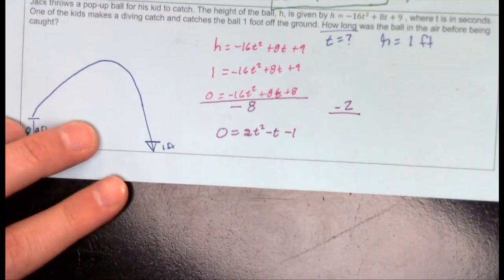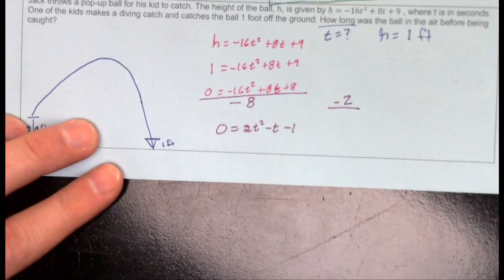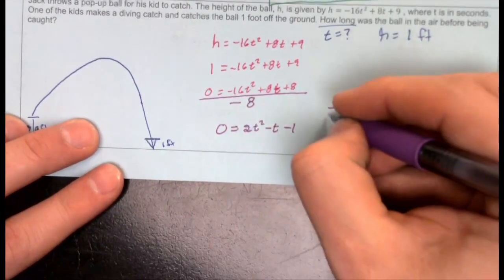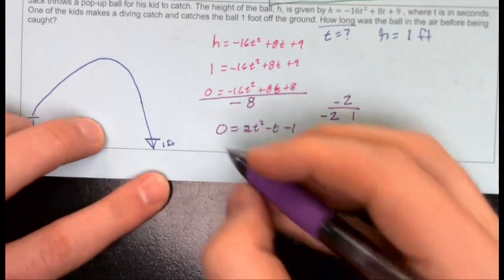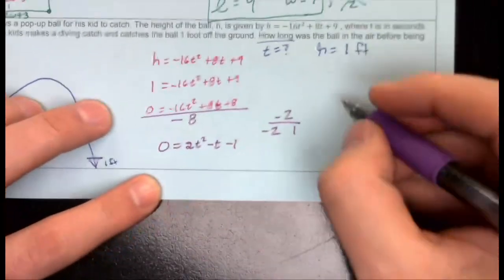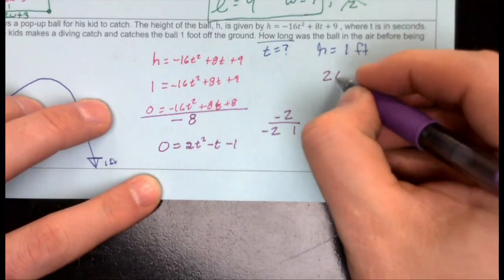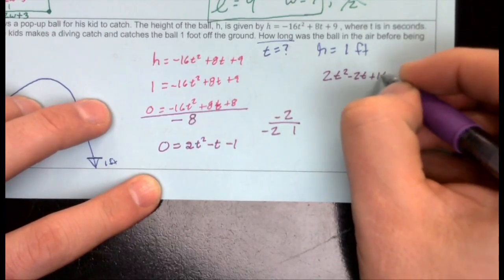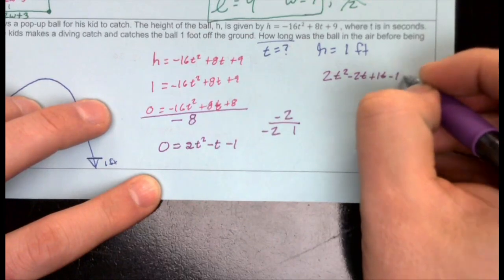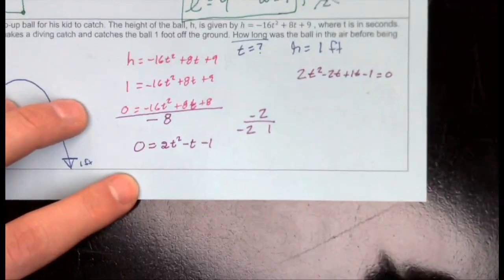We need two numbers that multiply to negative 2 that combine to give us negative 1. It is negative 2 and 1. I'm running out of room, so I'm going to jump over here. 2t squared minus 2t plus 1t minus 1. Factor by grouping.